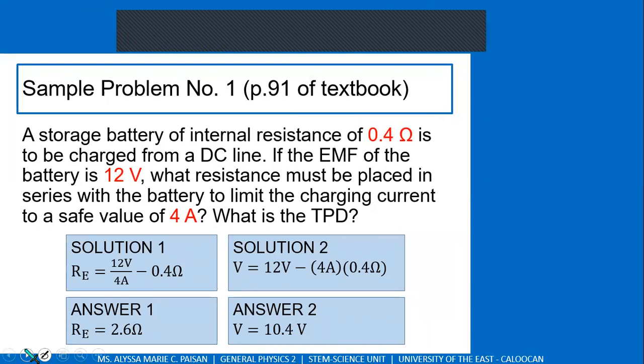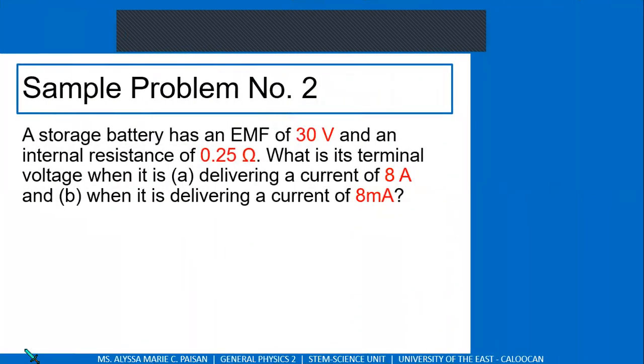And notice, yun nga, there are times, syempre yung EMF or electromotive force, the voltage of the battery, is always larger than the terminal potential difference of the resistor. Okay? Ayan. Laging mas malaki yung voltage ng battery. Hindi lalampas dun dapat yung ating TP.